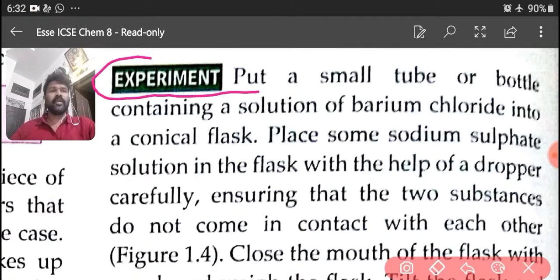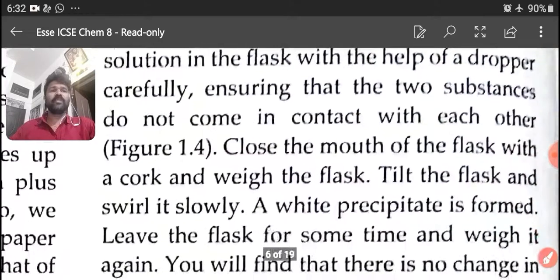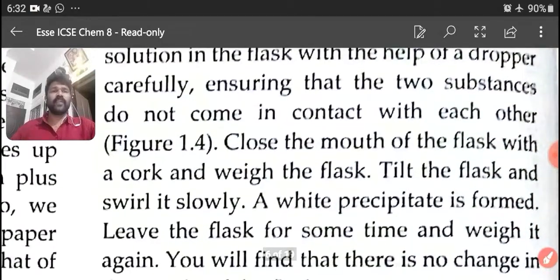From here: put a small tube or bottle containing a solution of barium chloride into a conical flask. Place some sodium sulfate solution in the flask with the help of a dropper carefully, ensuring that the two substances do not come in contact with each other. Close the mouth of the flask with a cork and weigh the flask.